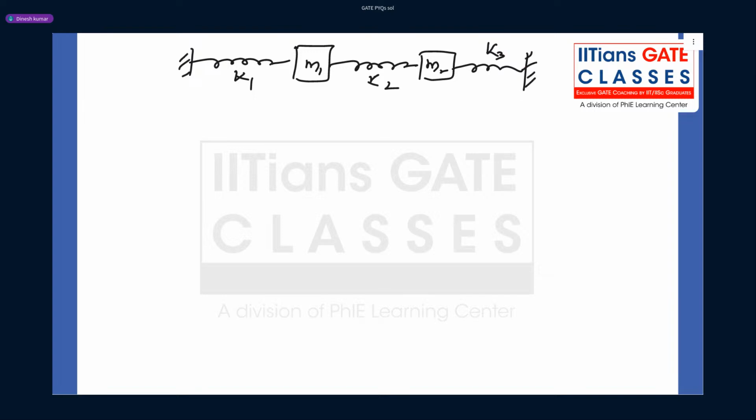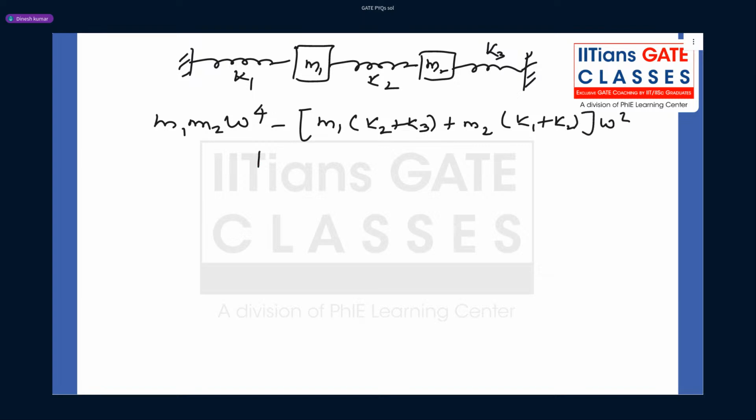For this configuration, the frequency equation is given by m1 m2 omega power 4 minus m1 multiplied by K2 plus K3, then m2 multiplied by K1 plus K2, times omega square, plus K1 K2 plus K2 K3 plus K3 K1 equal to 0. If you remember just this equation, you can solve this question.